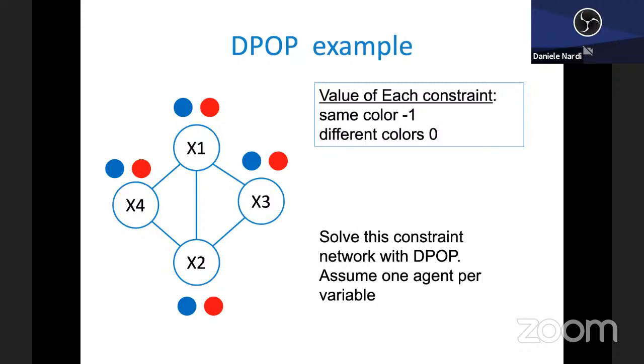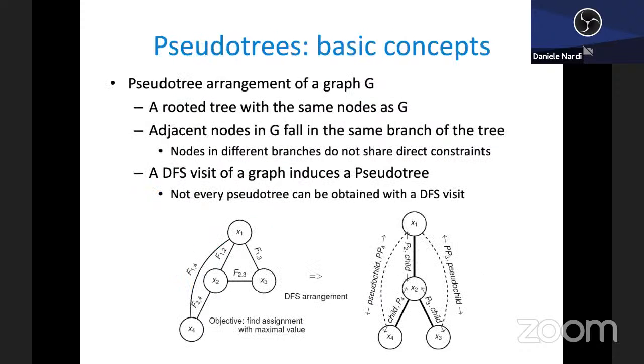And if they are a different color, there is no penalty, so value 0. Okay, so we want to find how to color the nodes with this arrangement using DPOP. Okay, this will be our running example.